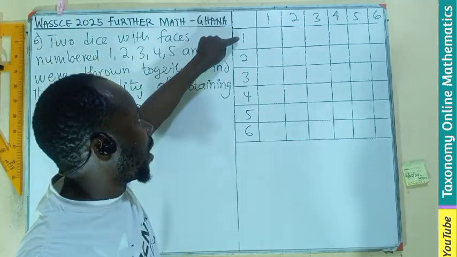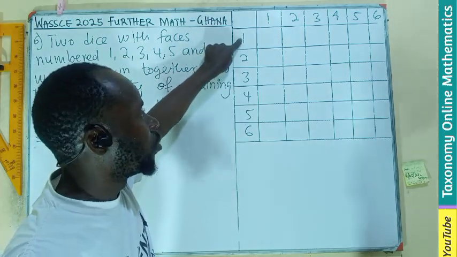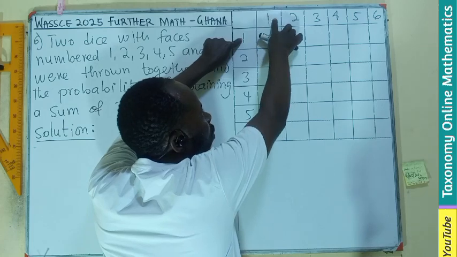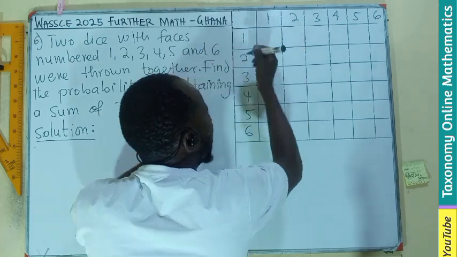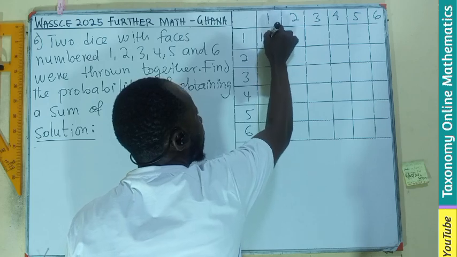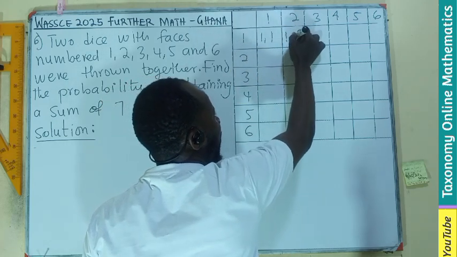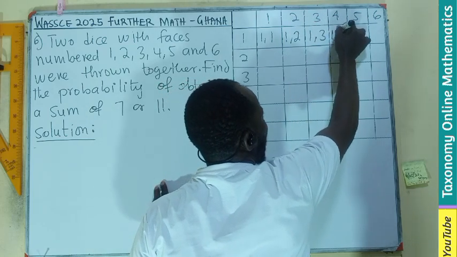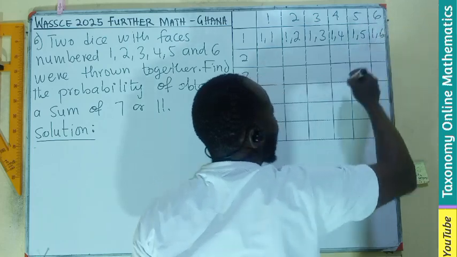Since they are all happening at the same time, if the first one shows 1, the chance of this coming could be 1 and 1, 1 and 2, 1 and 3. So inside this table, I can have 1 on the first die and 1 on the second die, then 1, 2, 1, 3, 1, 4, 1, 5, 1, 6.